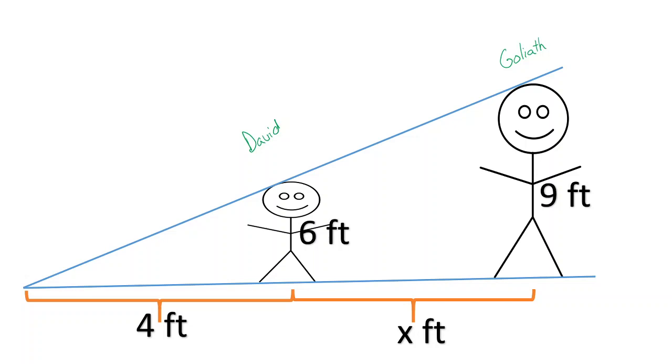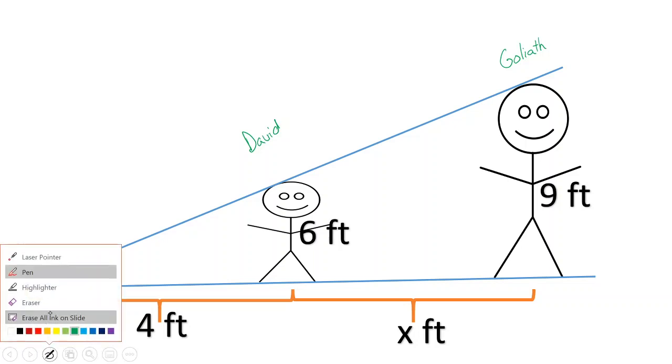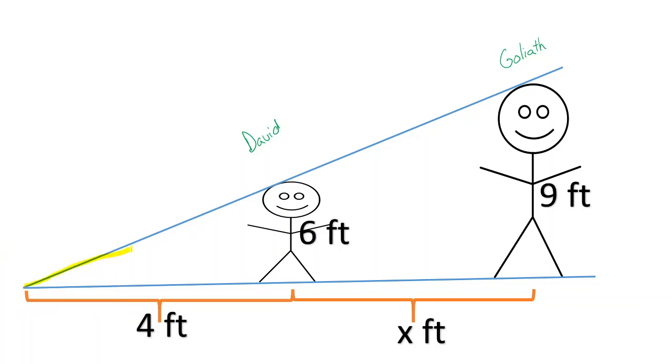Let's say that one of David's brothers is sitting back here looking across the valley in which this battle is taking place, looking up at David. We see two similar triangles are formed. And I'm going to outline these similar triangles for you.